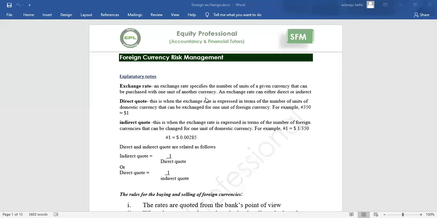What is exchange rates? Exchange rates can be defined as the number of units of a given currency that can be purchased or exchanged with 1 unit of another country currency.